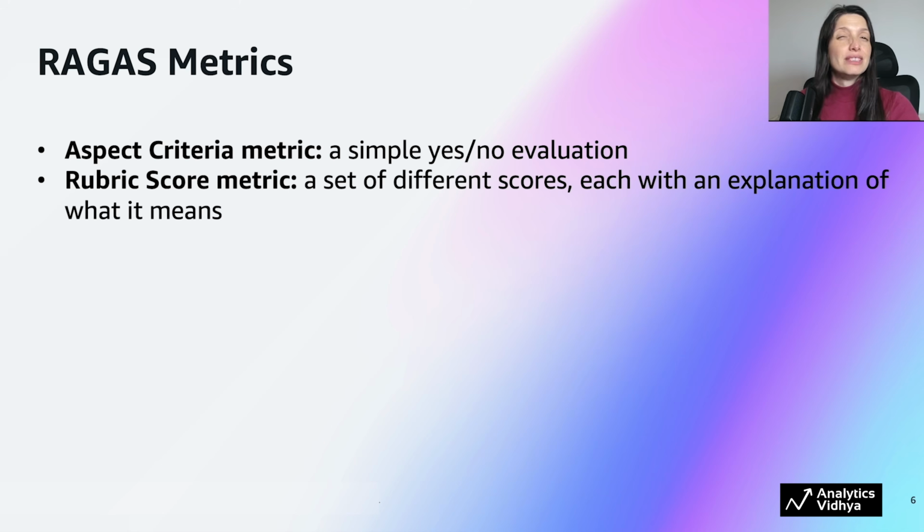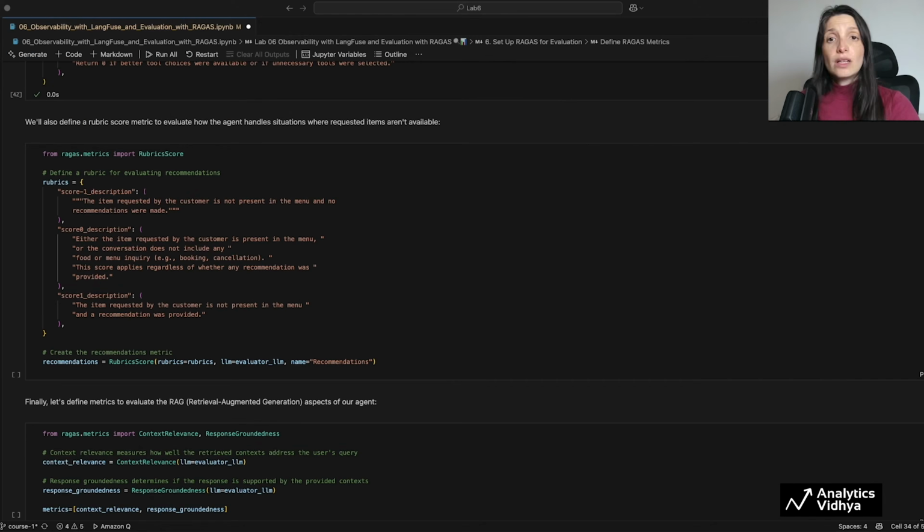A set of different scores, each with an explanation of what it means, and then uses an AI model to decide which score best matches how good the response is or what qualities it has. Let's see. We set up 3 scores for this metric.